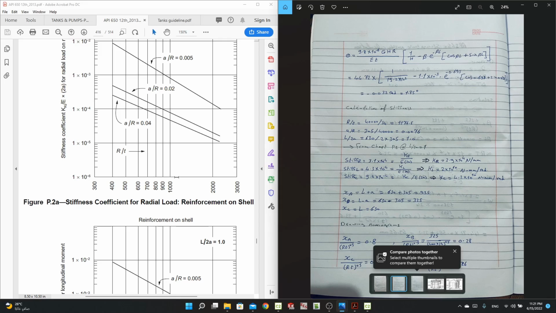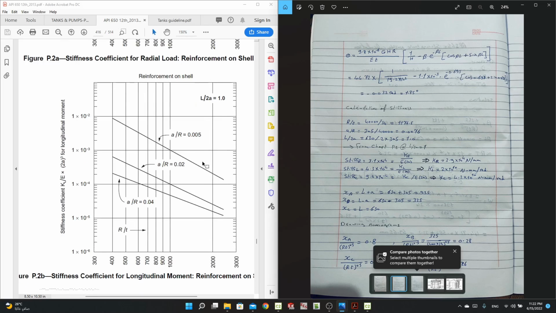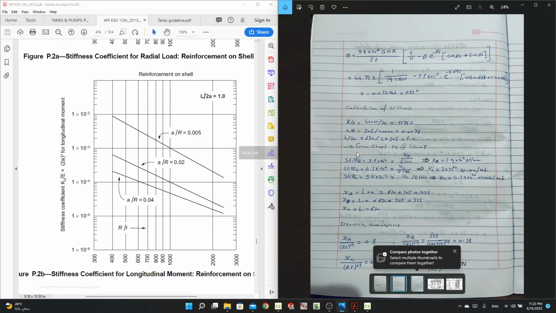So when we go upward to the 8, which is imaginary to be here, and we go straight here, we'll find that we are at 3 times 10 to the negative 4. Let's see, it's exactly 3.1 times 10 to the negative 4. The same will go to get the stiffness on the longitudinal.